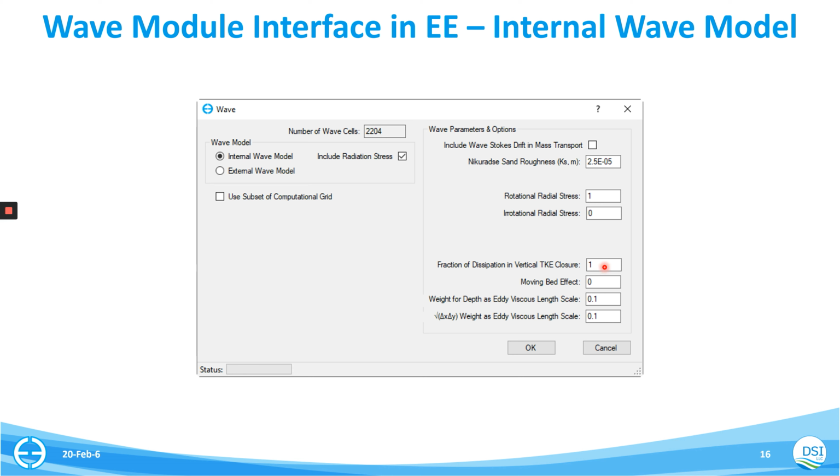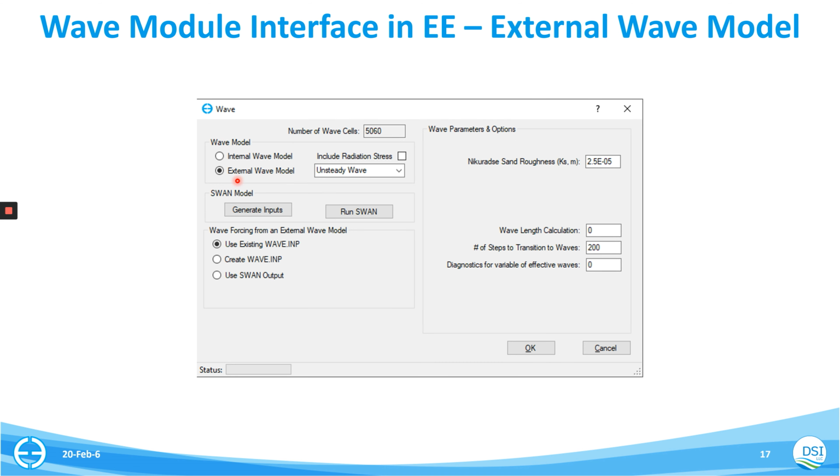And so is this moving bed effect. But these two are actually values that represent that parameter. So here can be a little bit confusing, and we're still working to improve the overall user experience here.